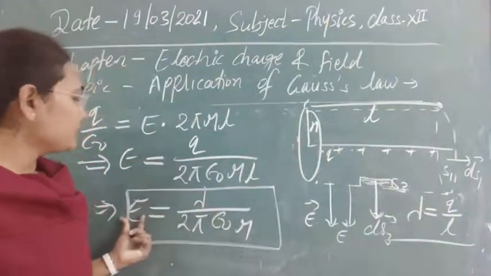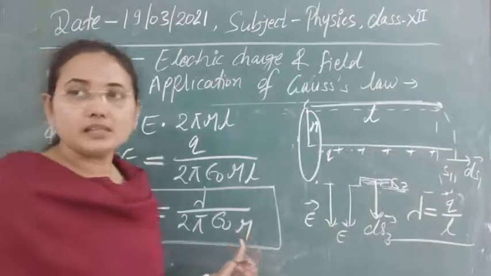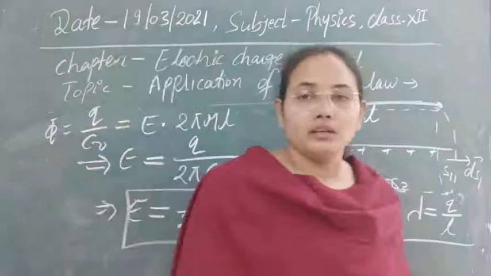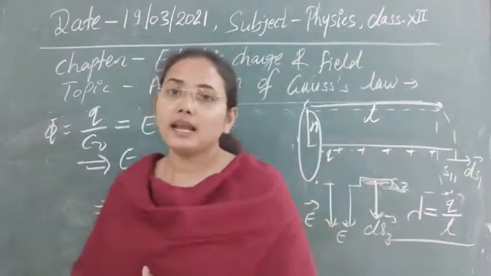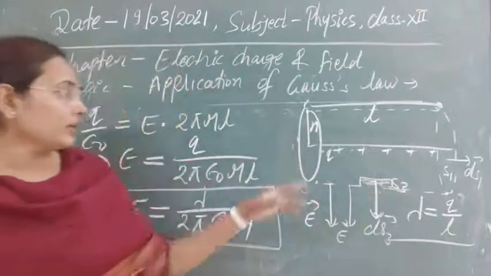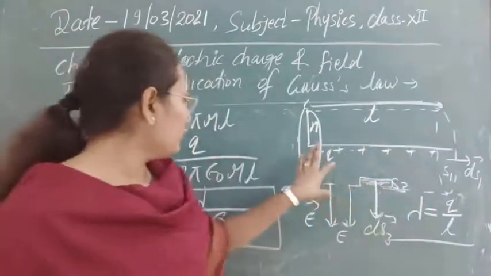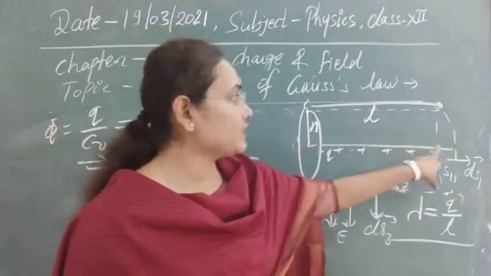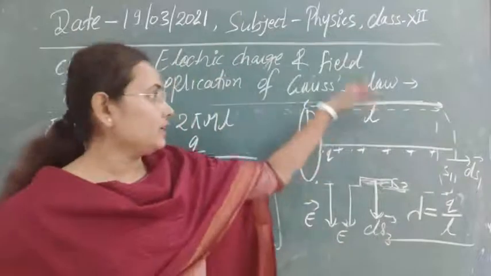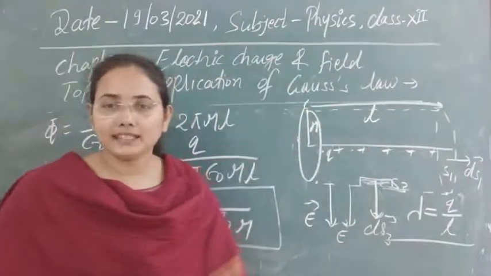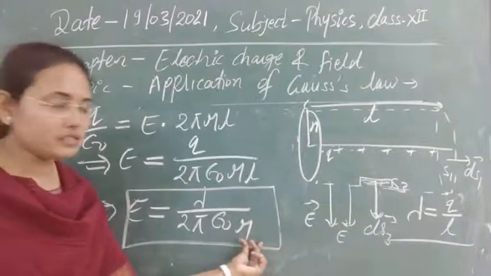From here we can see that E is inversely proportional to r only. Means there will be a decrement with distance in the electric field whenever we move away from any infinitely long conducting wire. Means when we move from this place to this place, we are going away from the wire, and in that case the electric field will decrease with the distance r.